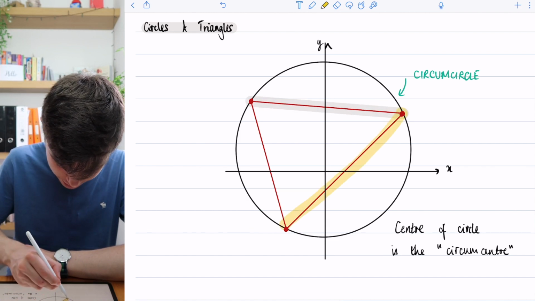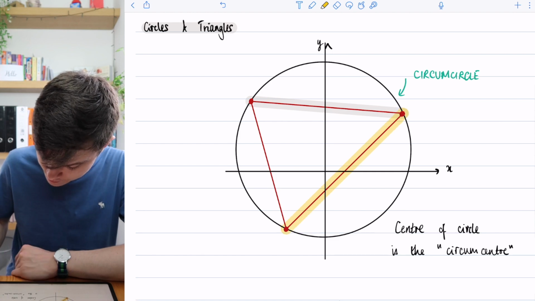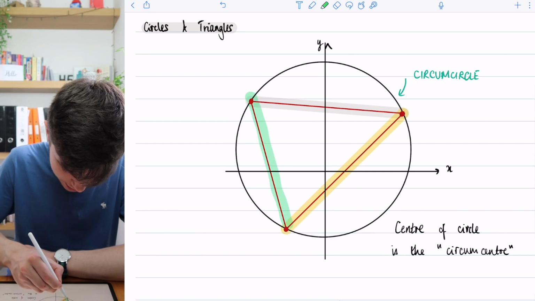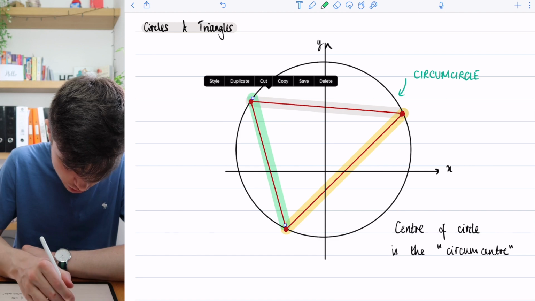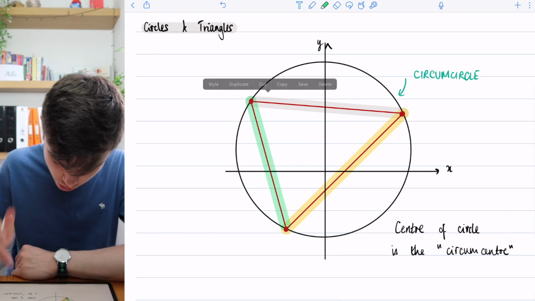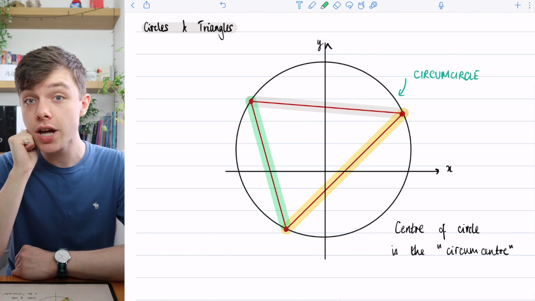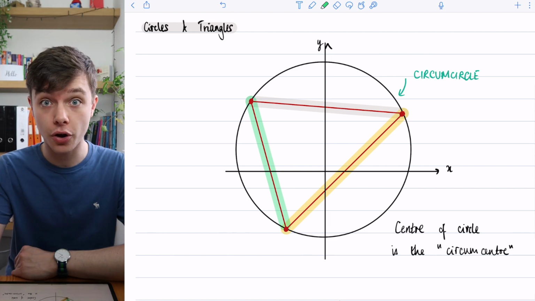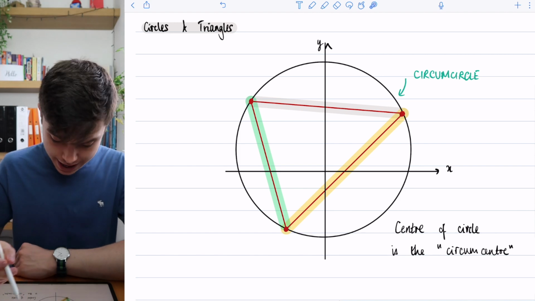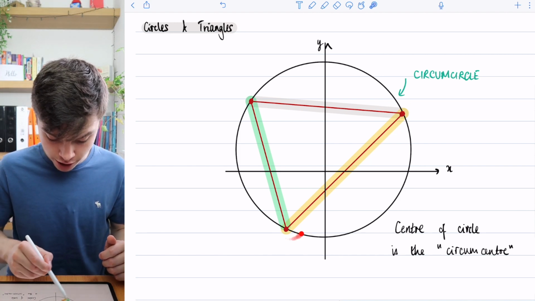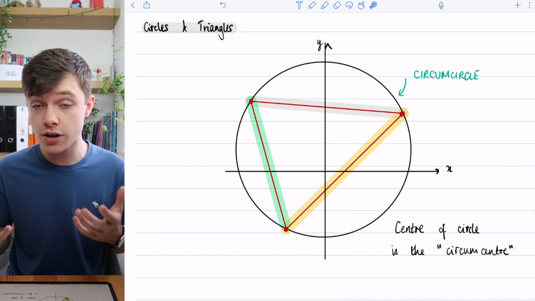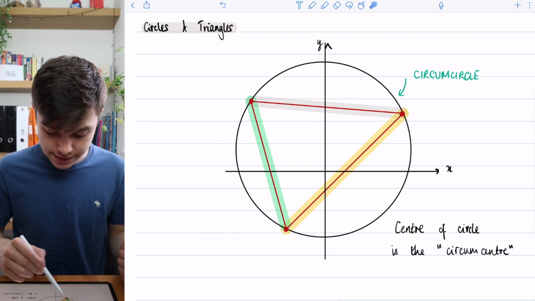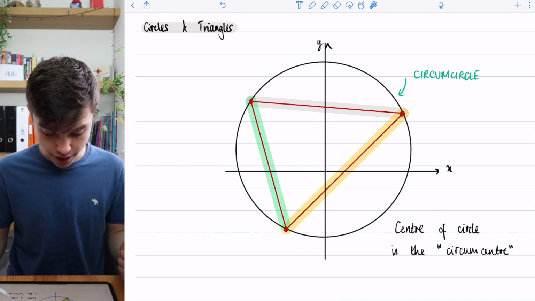There's another connecting those 2 points together, and in green there is another connecting those 2 points together. Okay, so we can see that what we've actually got there is 3 chords. In the last video we introduced what a chord is. A chord is a line that connects 2 points on the circumference of the circle together. And that's exactly what we've got going on here, okay?